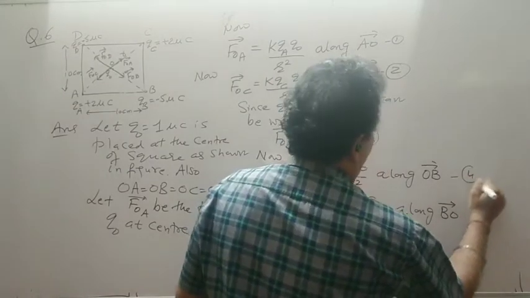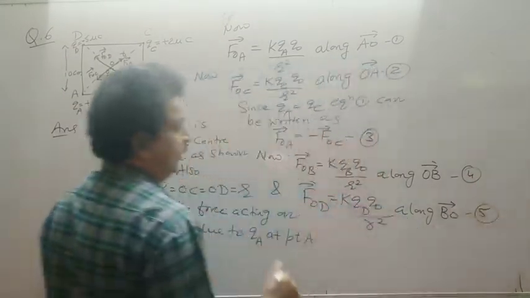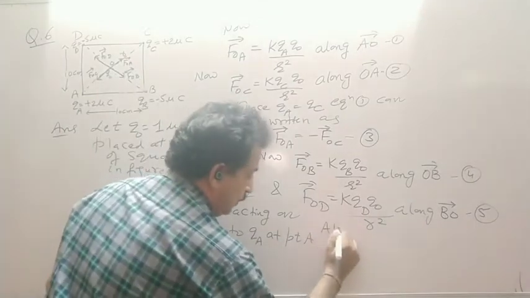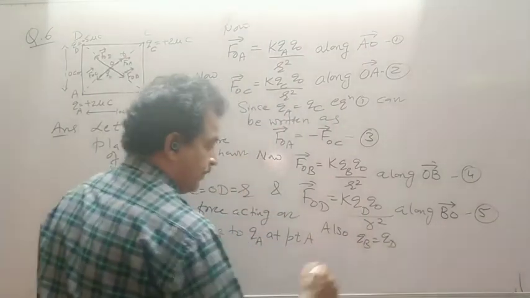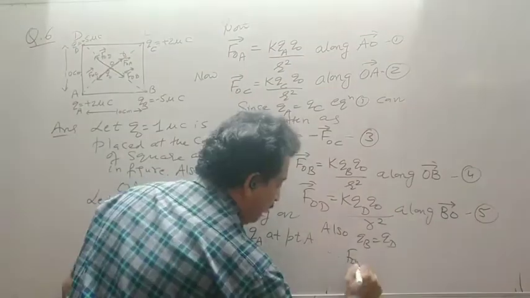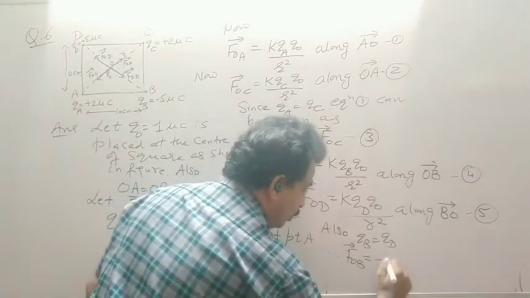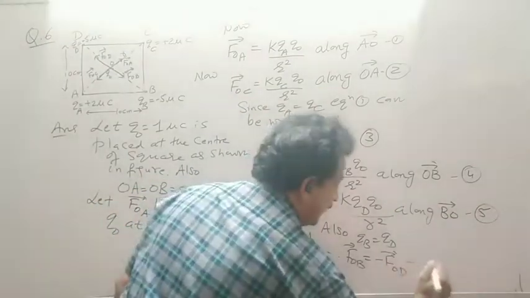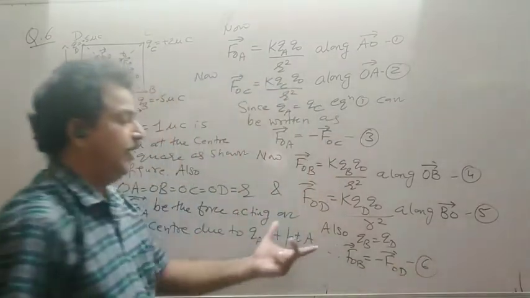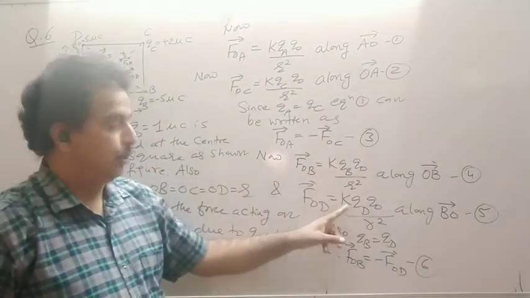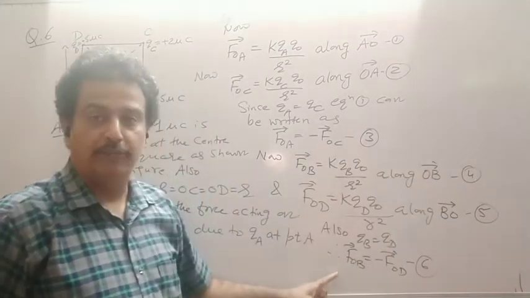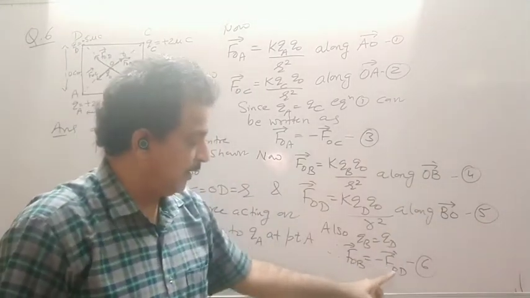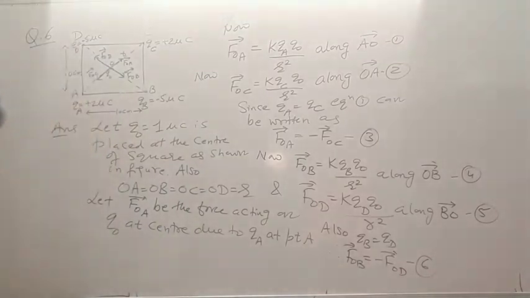So equation 4, equation 5, also Q_B is equal to Q_D, therefore F naught B is equal to minus F naught D, that is our equation number 6. Again the magnitude will be same but direction is opposite.